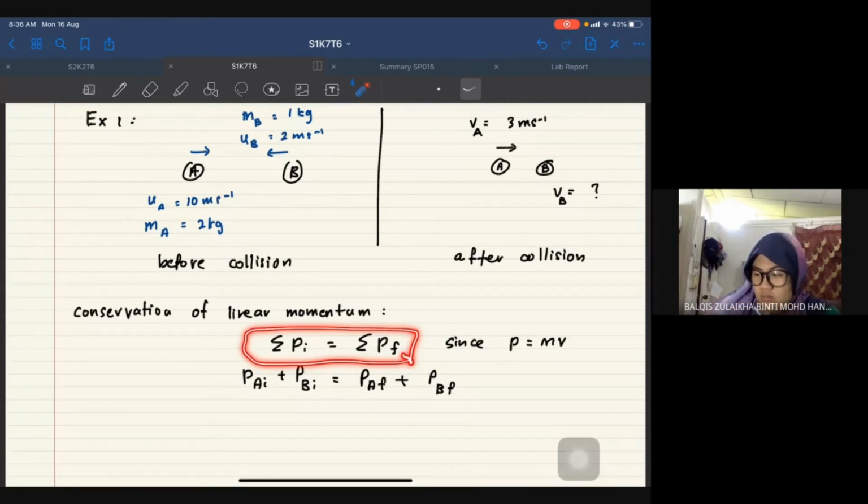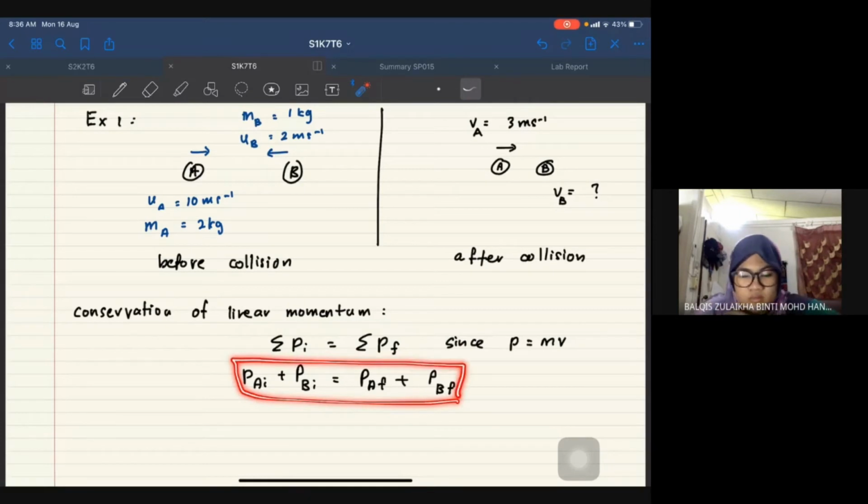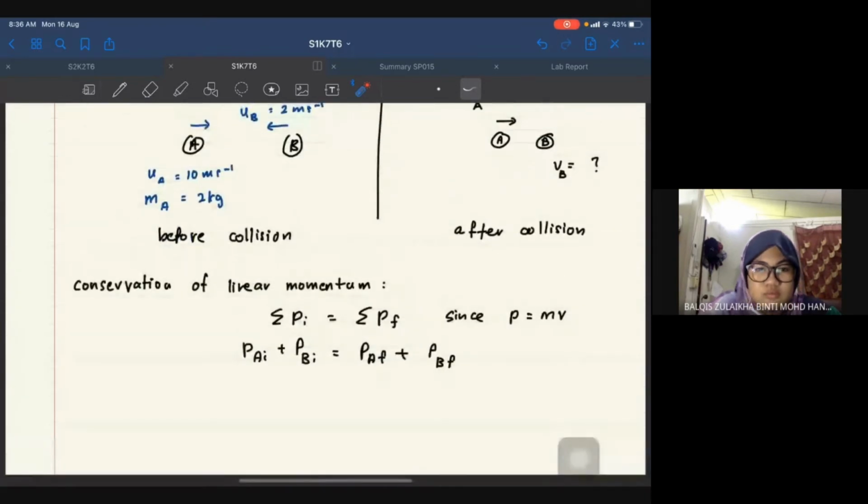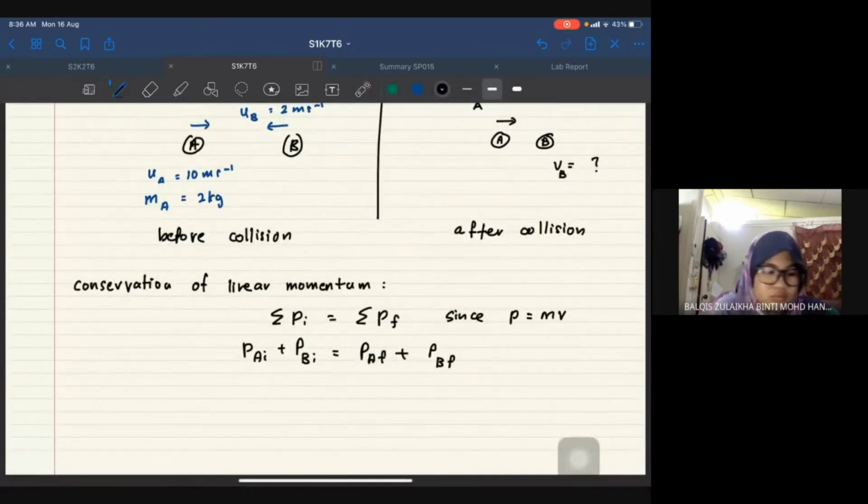So write down lah. And this one you don't have to. Ini tak perlu. Tapi biasa saya tulis, first time ni saya tulis lah, lepas ni saya skip yang ni. And I'm gonna go straight to MV dengan MU. So initial we represent with U, and final we will represent with V.